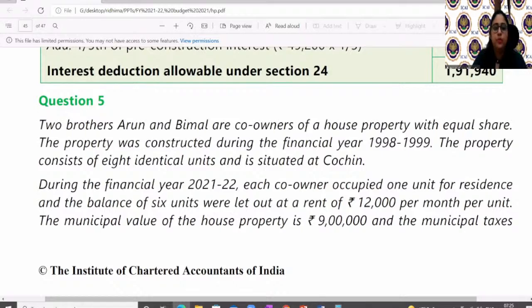Yes, Shradha, it is because your two house properties are exempt. That's why. Which is, two house properties are considered as self-occupied.